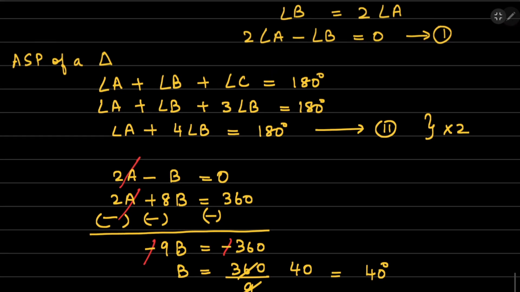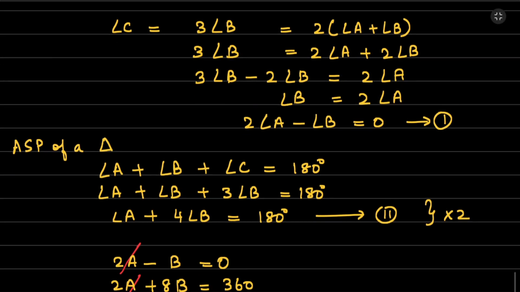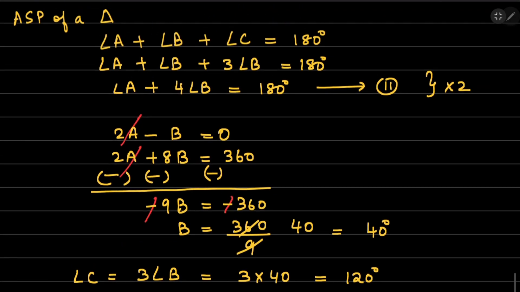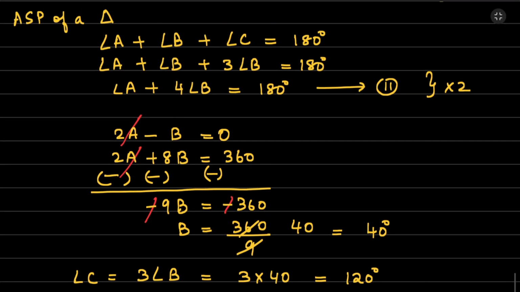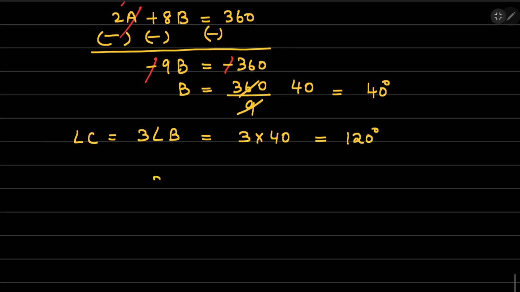Once you've got angle B, you'll be able to get angle C as well. We know angle C equals thrice angle B, which is 3 times 40, which is 120 degrees. Now put this in any one of the equations. Twice angle A minus B equals 0. What is twice angle A?